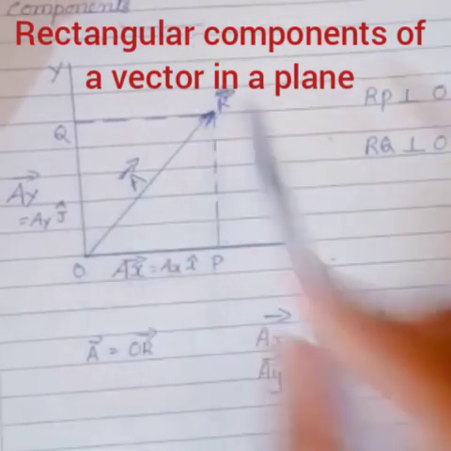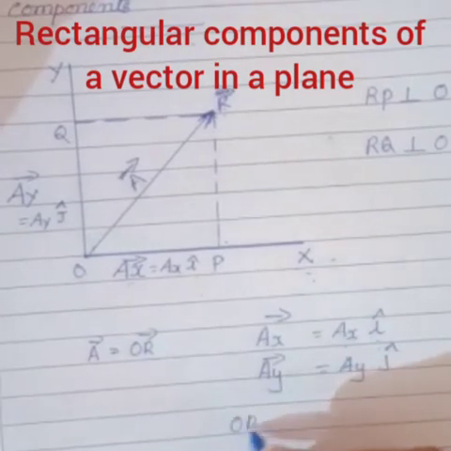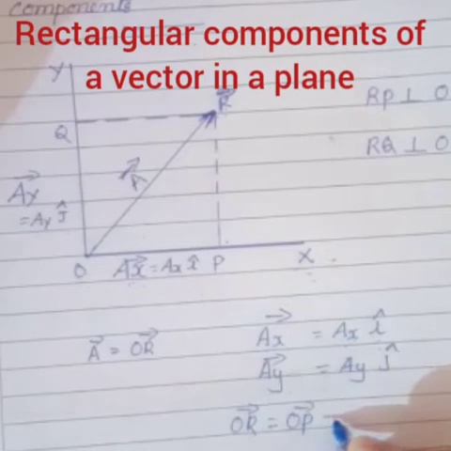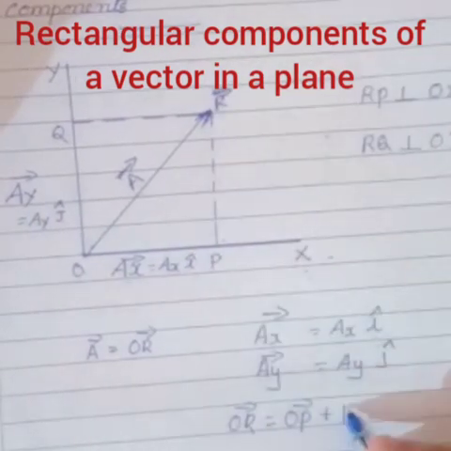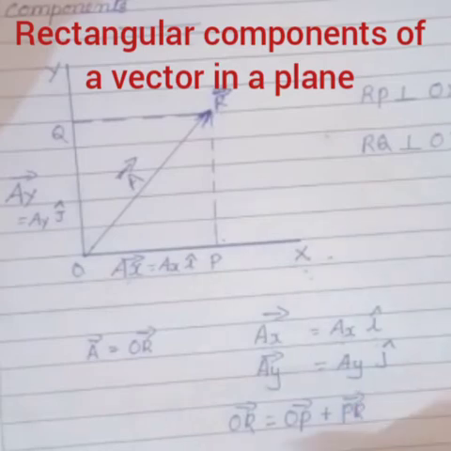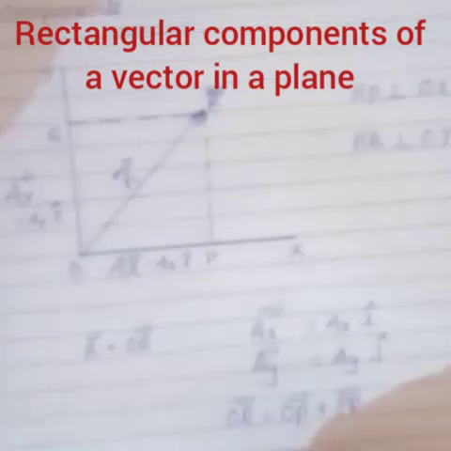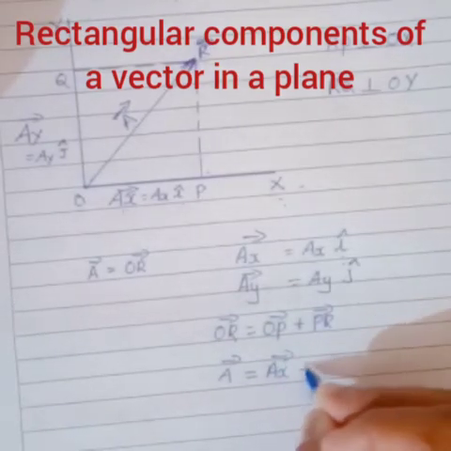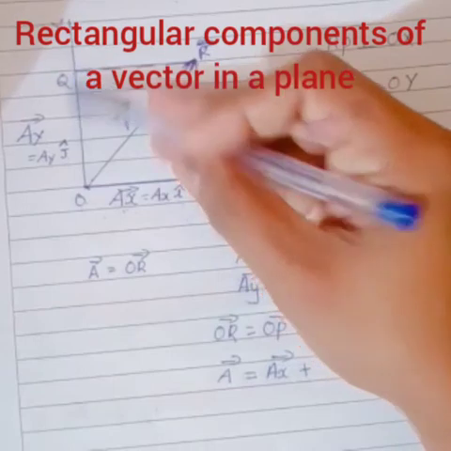Vector OR is equal to OP plus PR. Vector OR means vector A. Vector A is equal to vector Ax plus OQ, which is vector Ay.